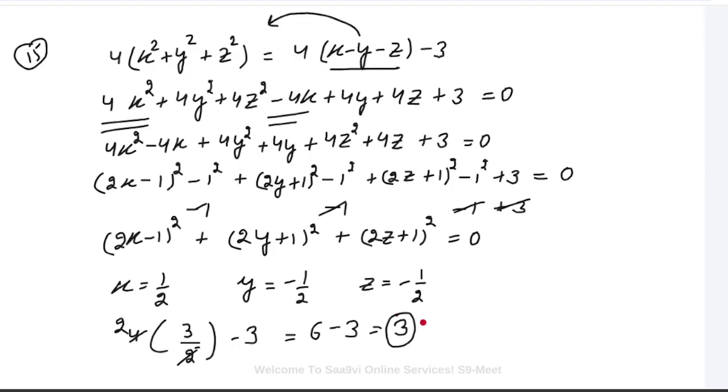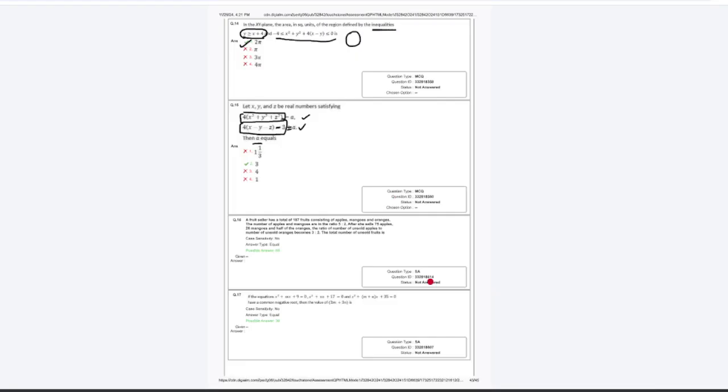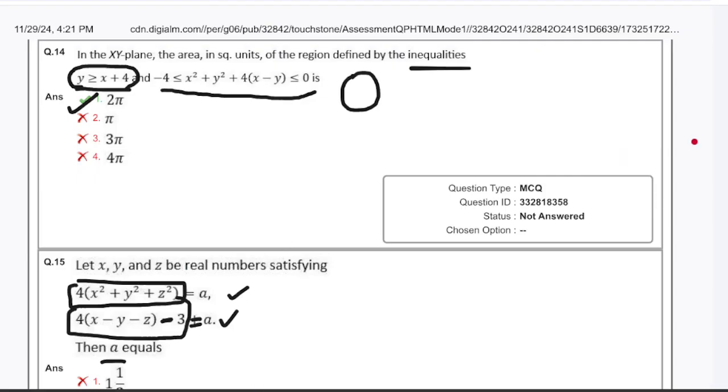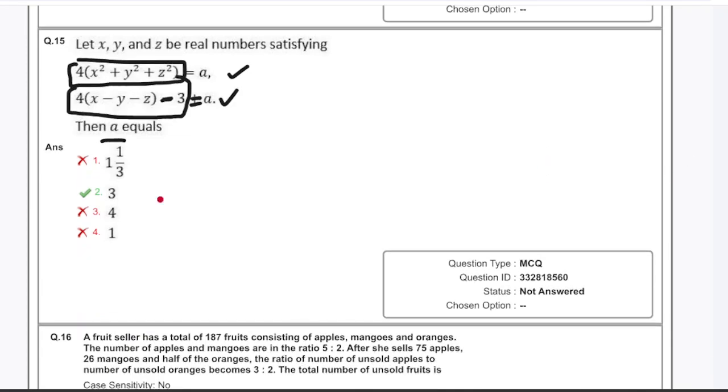So this question was again quite a doable one. It depends how good you are in your basics. The answer to this question is again 3. That is the answer here.